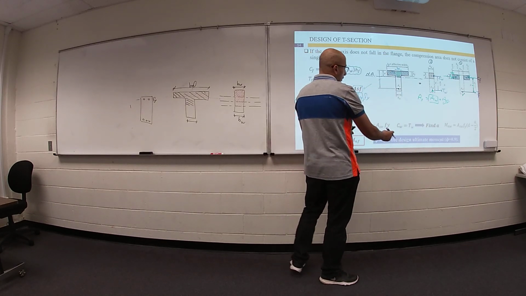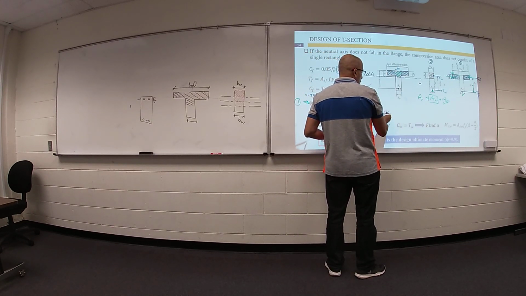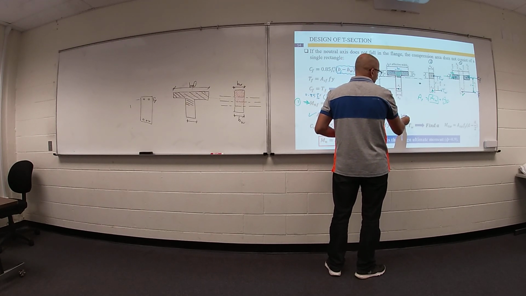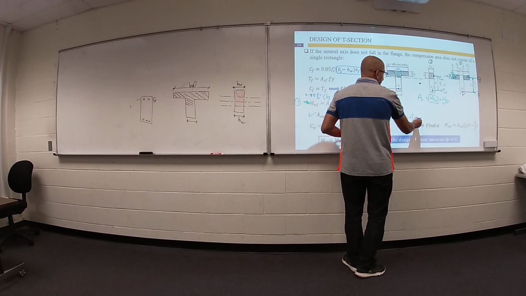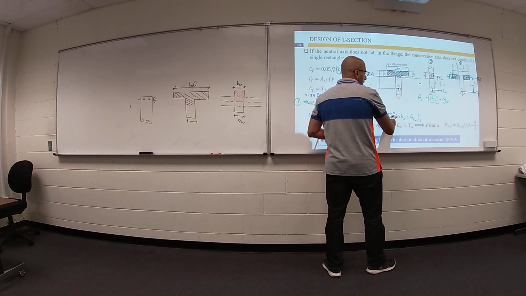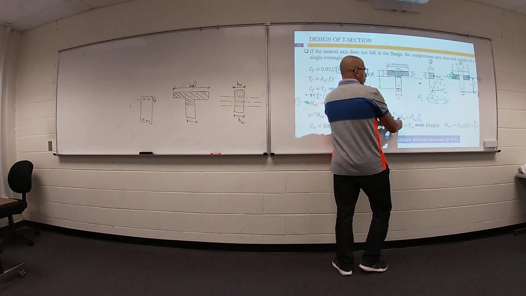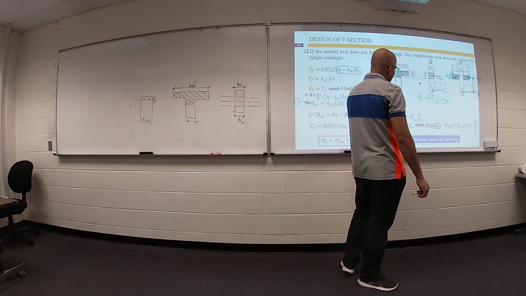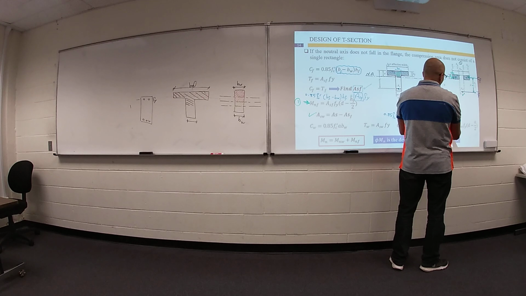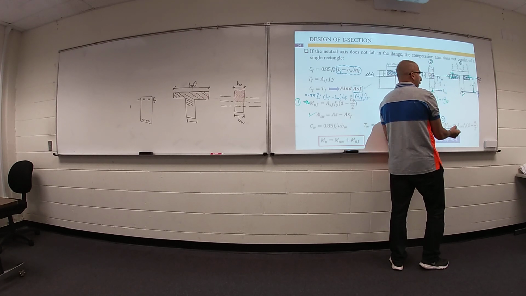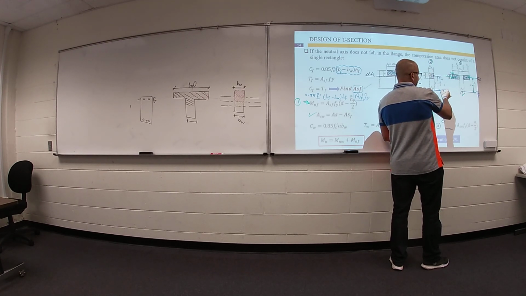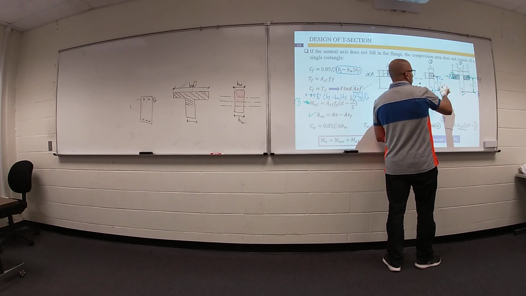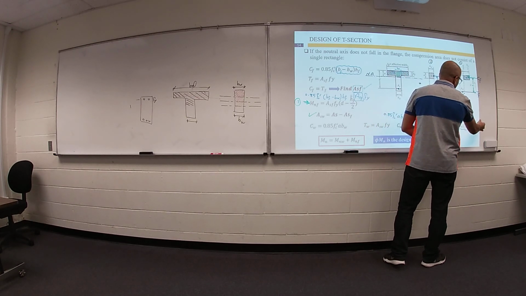Both of them are equal, so 0.85 f'c a b web equals area of steel web times f yield. The only unknown in this equation is your distance a. I can find a. Once you find a, your nominal moment for the second part equals T, which is area of steel web times f yield, times this distance, which equals d minus a divided by 2.